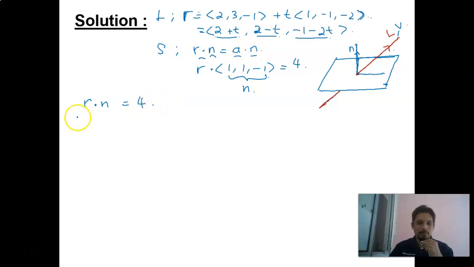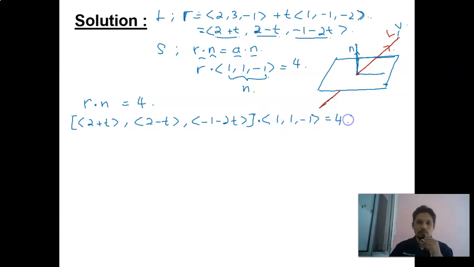So r dot n is (2 plus t, 3 minus t, negative 1 minus 2t) dot the normal (1, 1, -1), equal to 4.